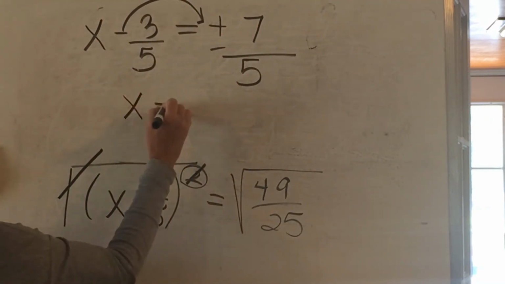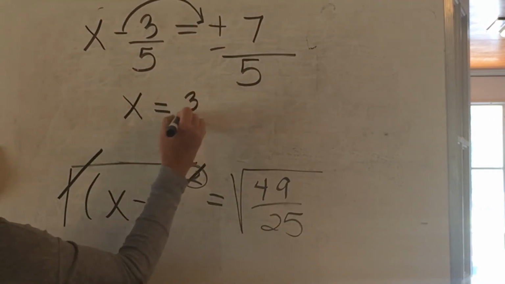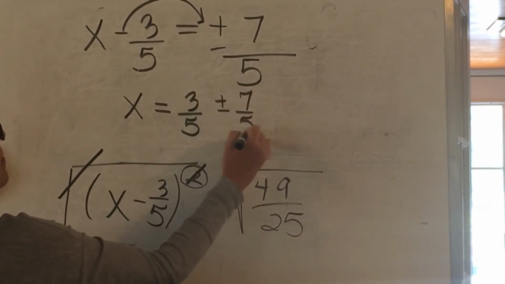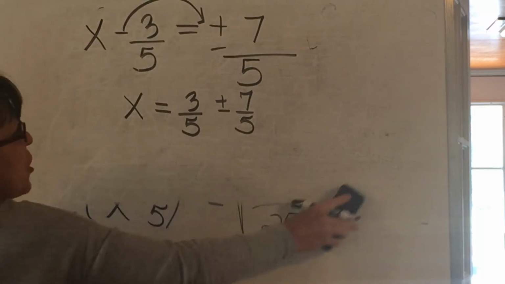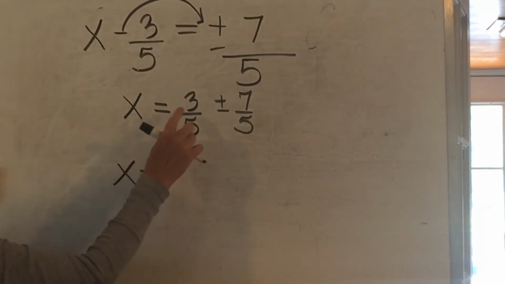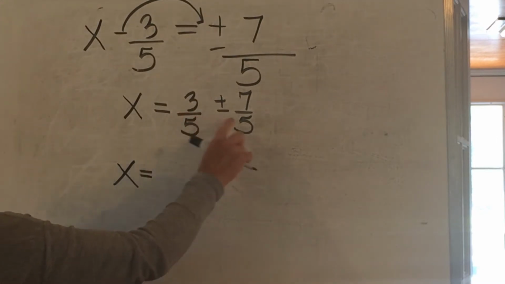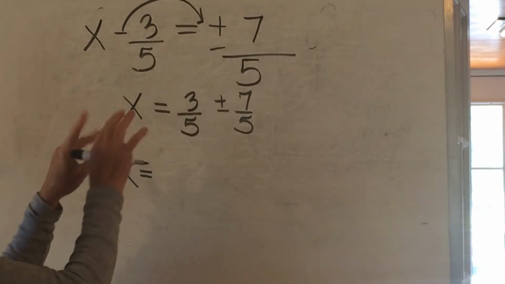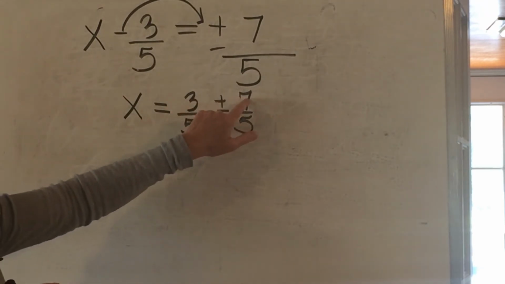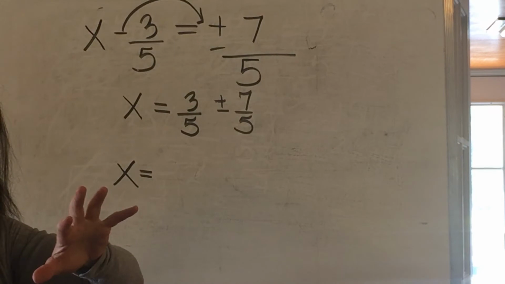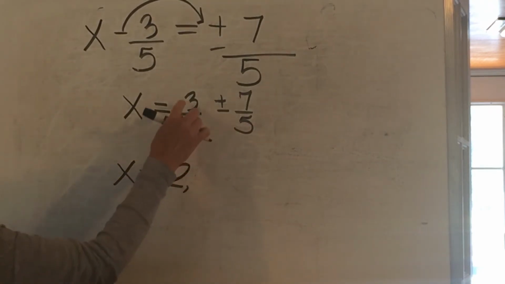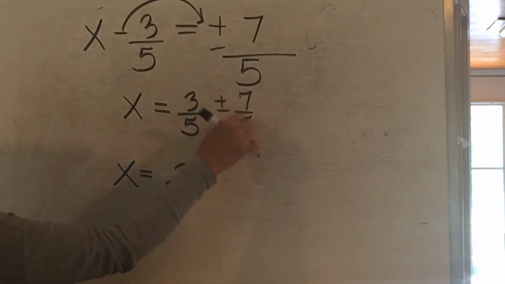So you're going to go x equal positive 3/5 plus or minus 7/5. You can keep going. X equal, now, you have a common denominator, so you can type it into your calculator or use your brain. 3 plus 7 is 10. 10 divided by 5 is 2. Or you can type in 3/5 plus 7/5.